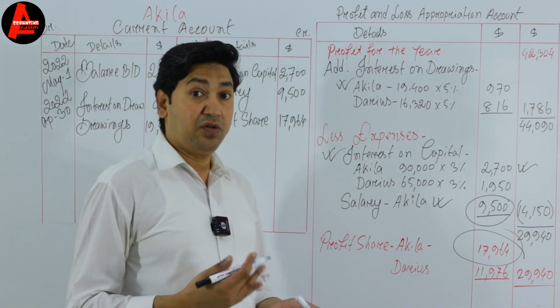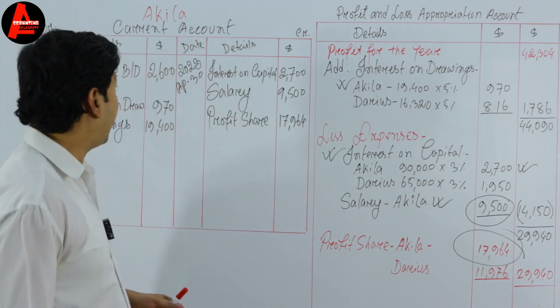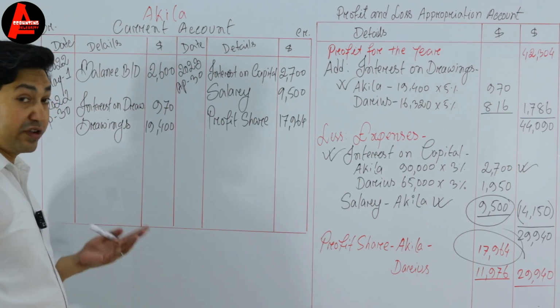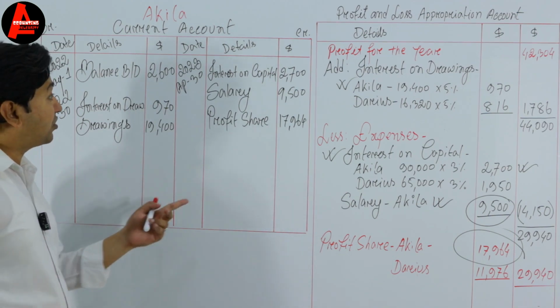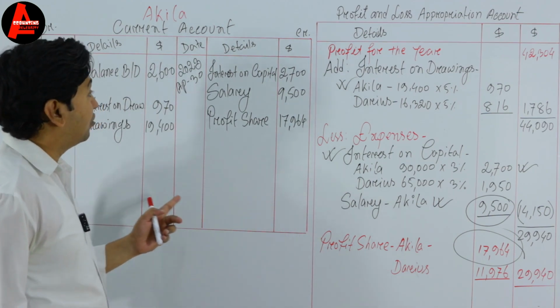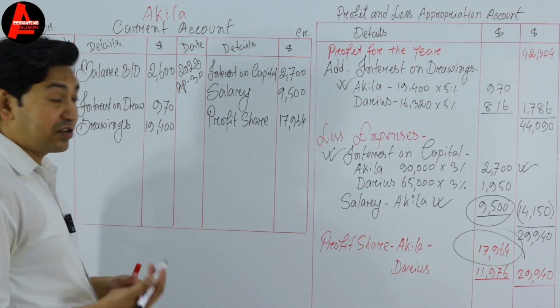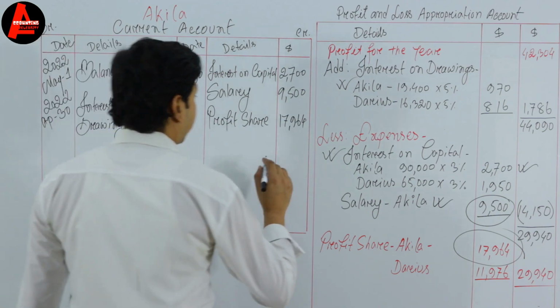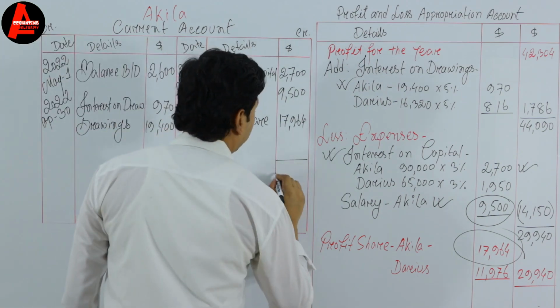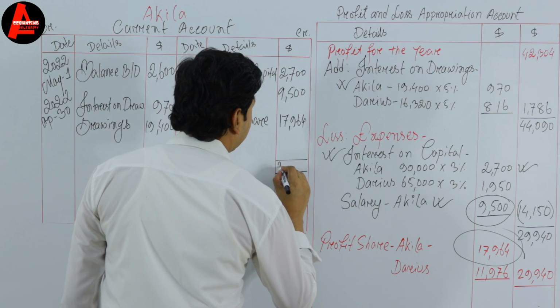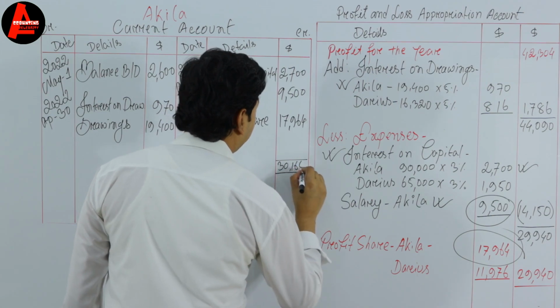Now what to do? Now we need to balance it. So how to balance it? We have to check which column is greater, the debit dollar column or the credit dollar column. Here we see our credit dollar column is greater. So let us sum up here first. So we get here $30,164.